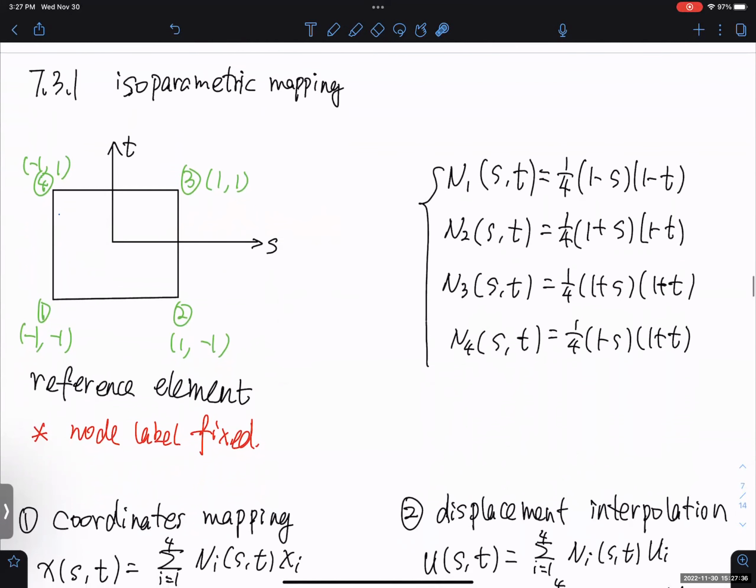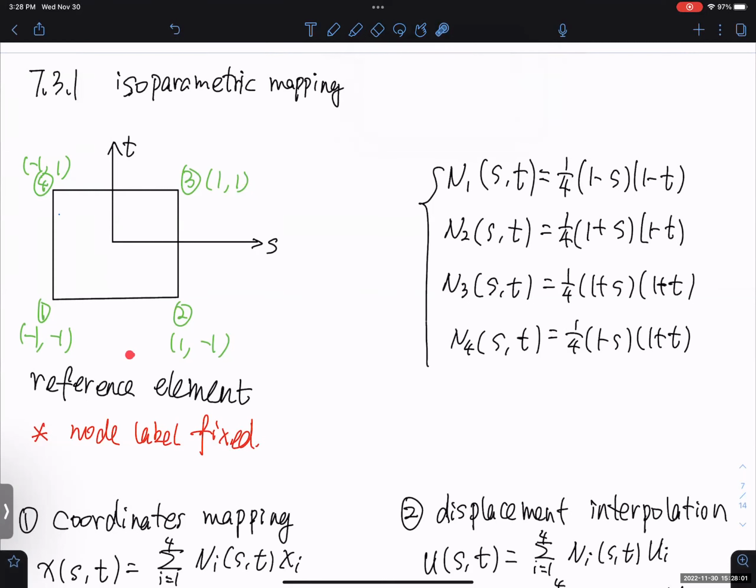Now let's check the isoparametric mapping. This is probably the most complicated chapter in this textbook. But if you understand it, again, it's still what the problem is saying. The basic idea is that we map everything into the reference element.